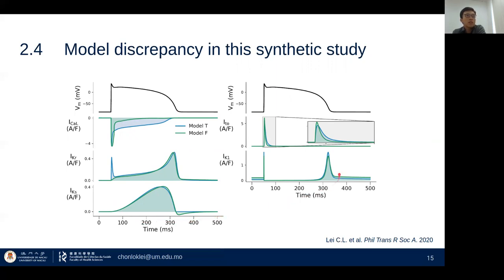Even for those that are different, they're not drastically different. They are actually quite similar, but different in some details. The biggest difference is, in fact, the IK1 here.